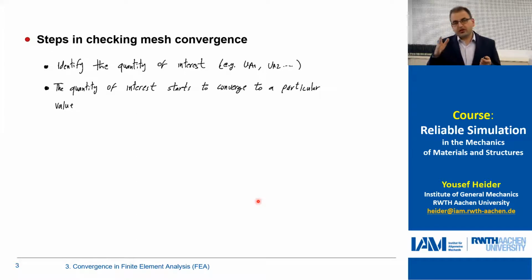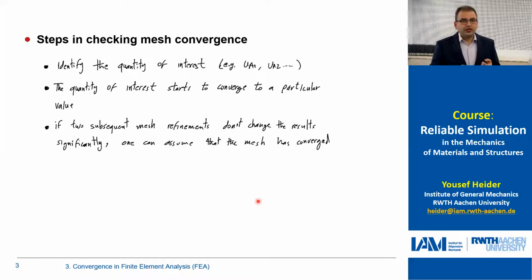By increasing the number of elements, we will see only slight changes. If two subsequent mesh refinements don't change the results significantly, then we can assume that the mesh has converged.